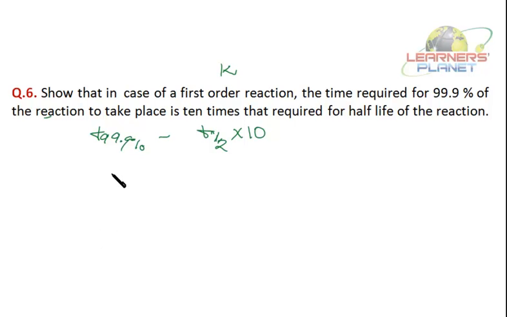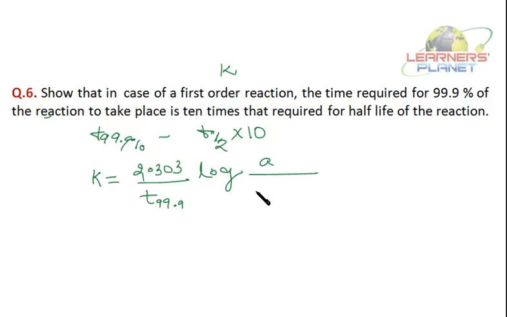Now let's start with the equation of the first order reaction. That is, K is equal to 2.303 by T 99.9 into log of, it would be A, it is 99.9%, so A minus 0.999A will be the thing, right? Or K is equal to, you can solve this equation, 2.303 by T 99.9 and log of, it would be what?